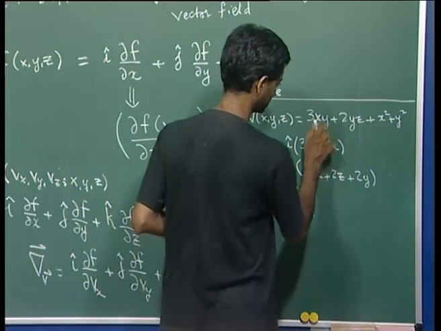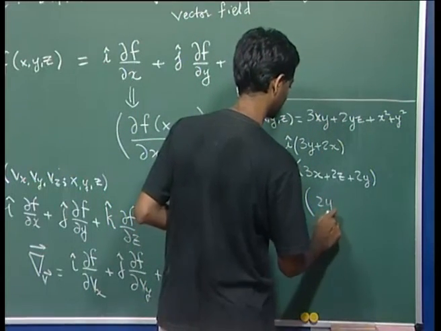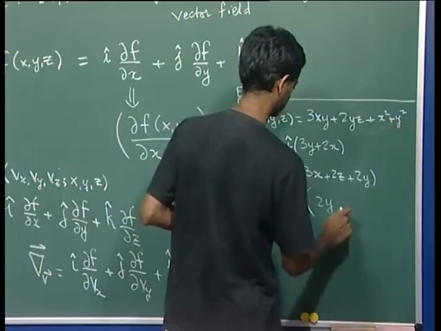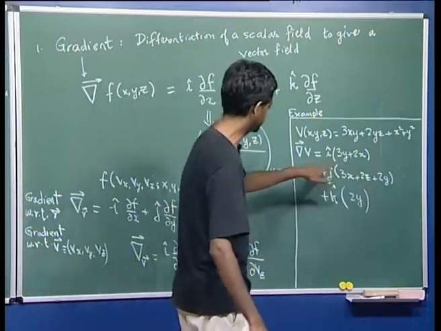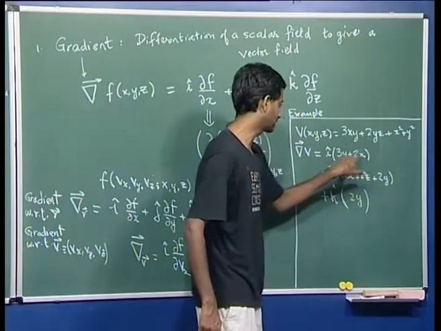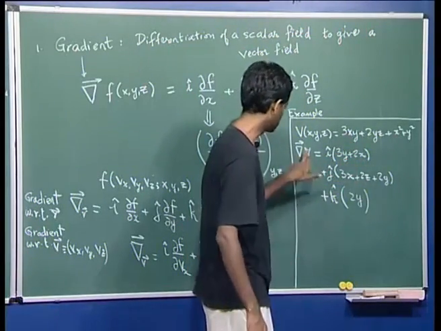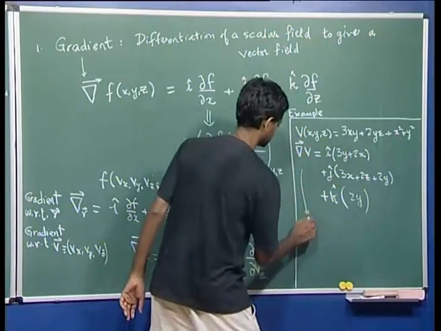And the k component: the first term will give you 0, the second term will give you 2y, the third term will give you 0, and the fourth term will give you 0. So the various components of the gradient are all functions of x, y, and z, and so your gradient is a vector field.